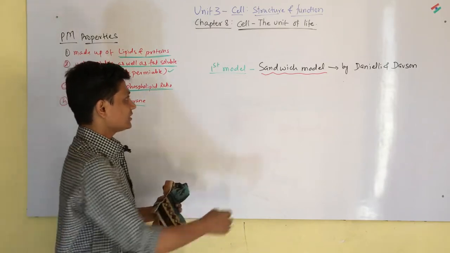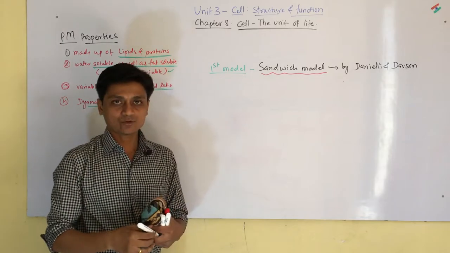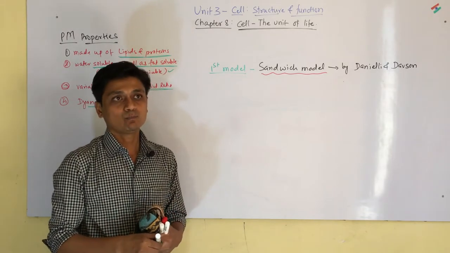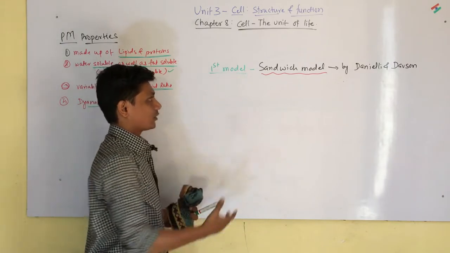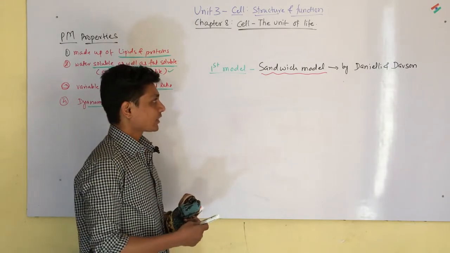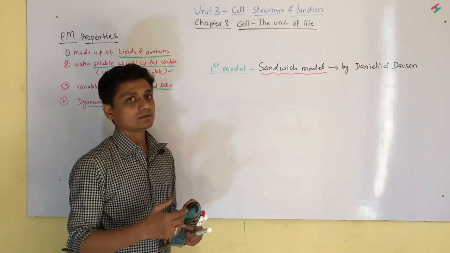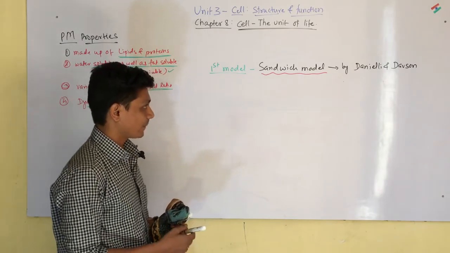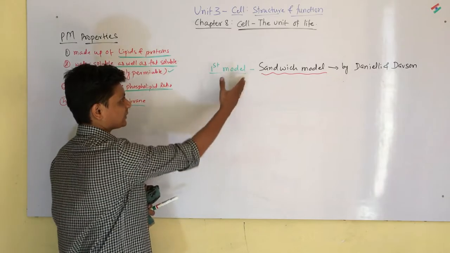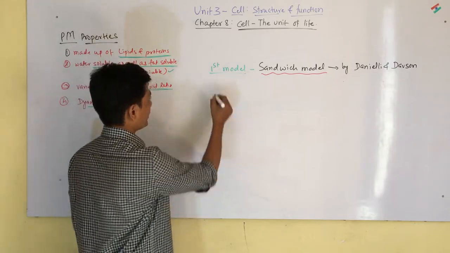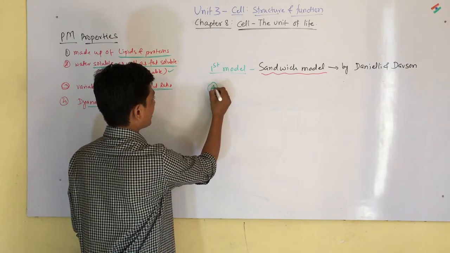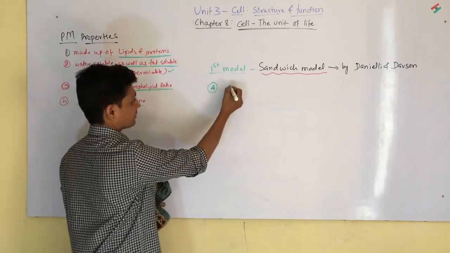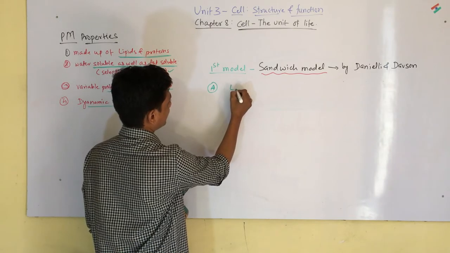To explain this sandwich model, Danielli and Davson gave some points, and according to those points we will draw the structure of the sandwich model. The first point: it is made up of lipids and proteins.